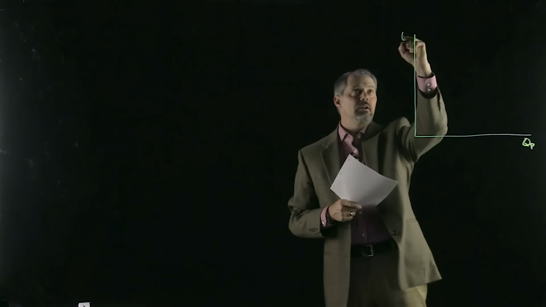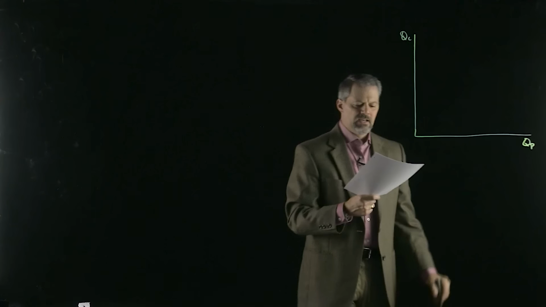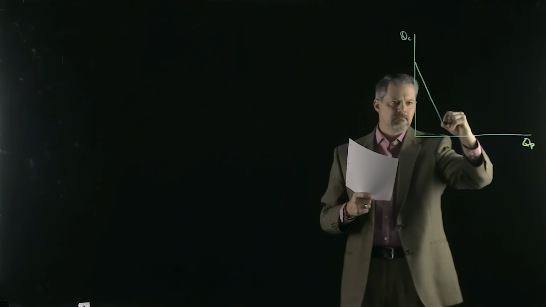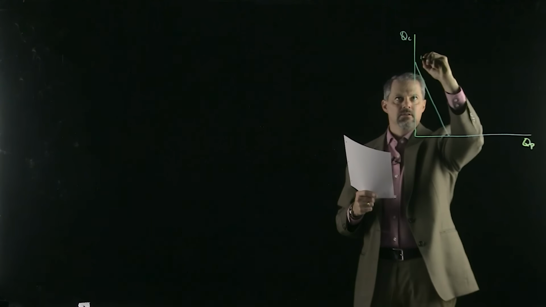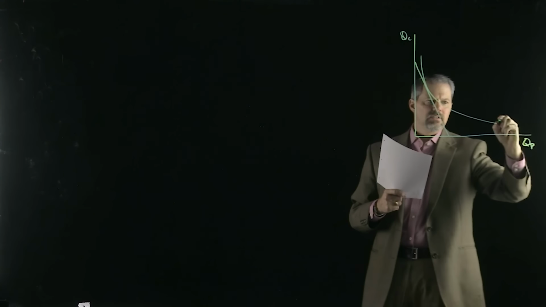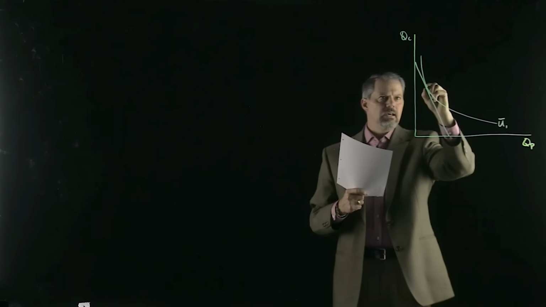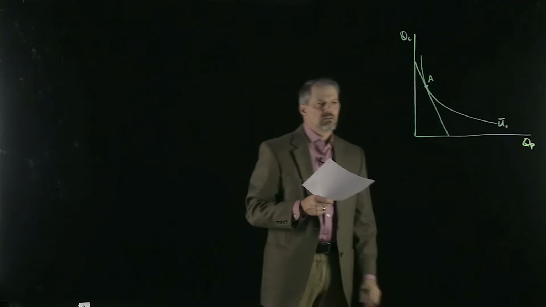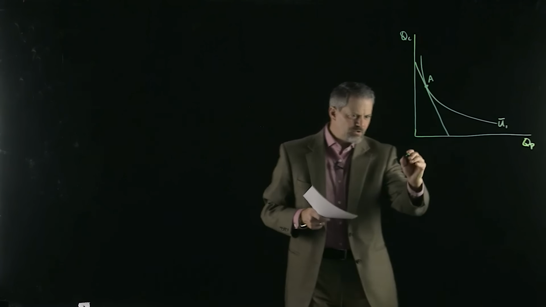So we've got the quantity of pizza here, we've got the quantity of Cokes here. Let's put our initial budget constraint, an initial point of tangency, indifference curve U1, and an initial point, point A. Now down here, I'm going to draw another picture.